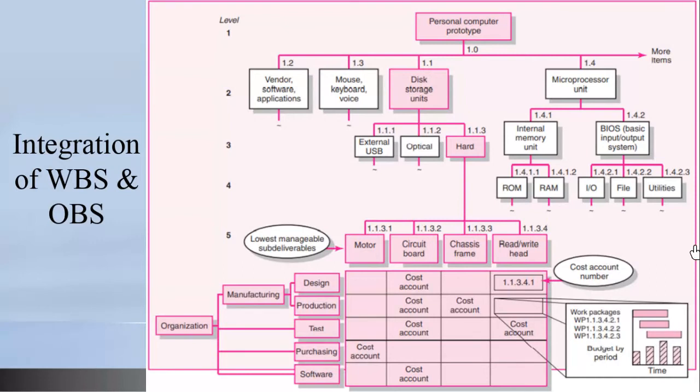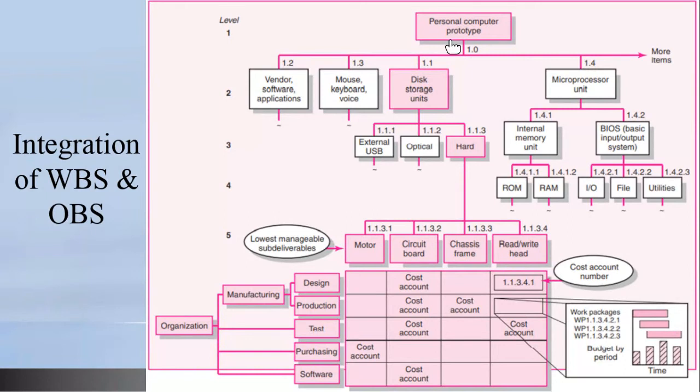All right. There is a requirement for you to integrate your WBS with your OBS. So your WBS being your work breakdown structure and your OBS being your organizational breakdown structure. The Larson and Gray does a very good explanation of this.